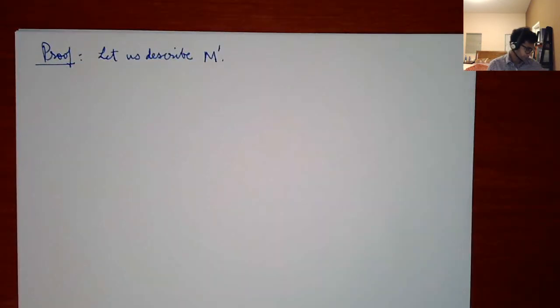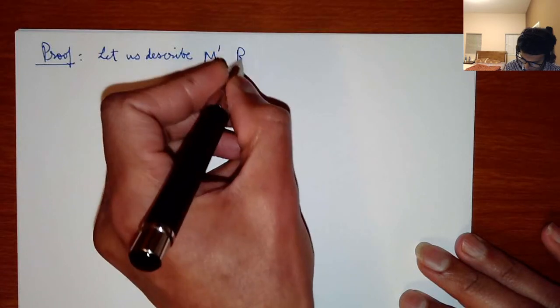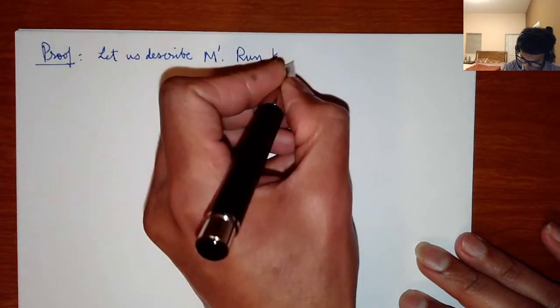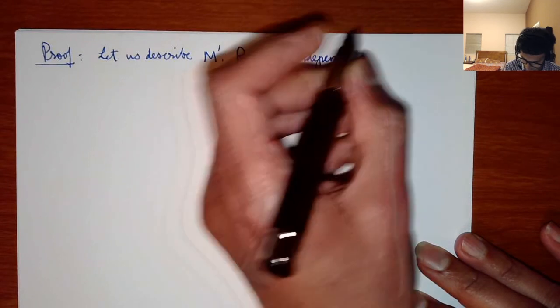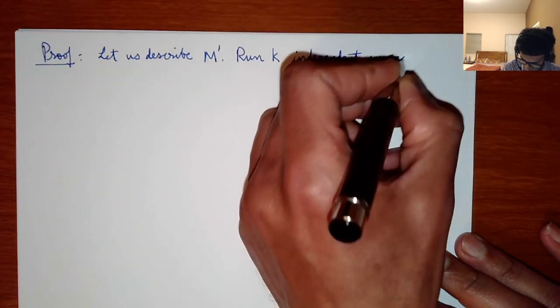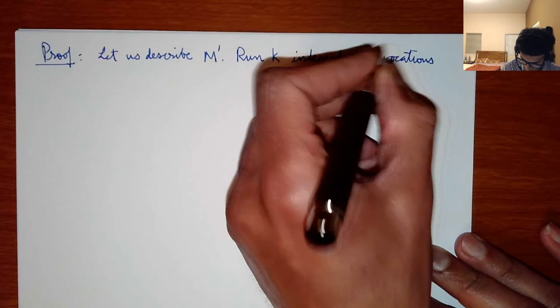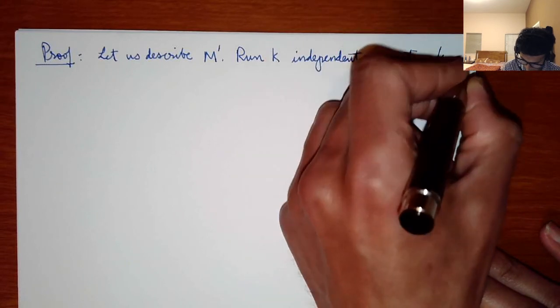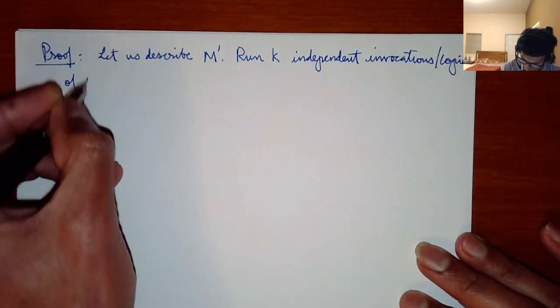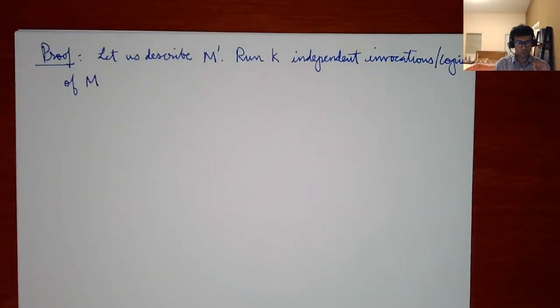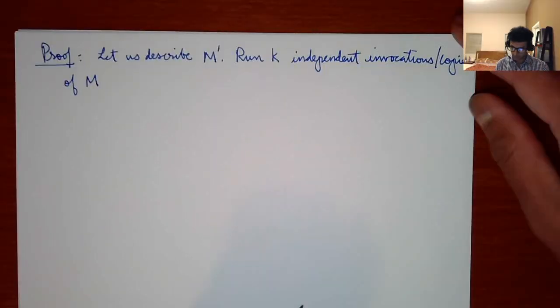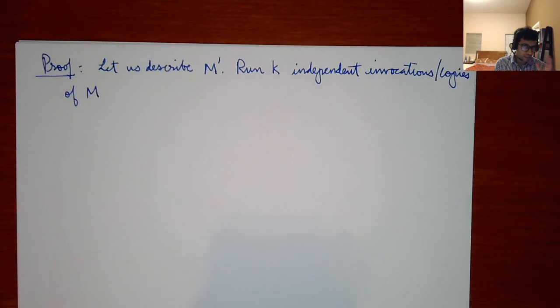What it's going to do is run k independent invocations, or you can think of it as copies of M. I haven't told you what k is, and that's where all the magic is going to lie. I'm going to choose k appropriately, but for now, you're going to run k independent copies of M.